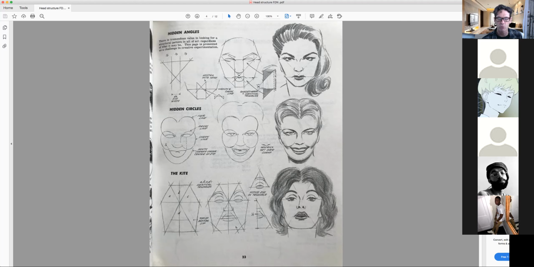There's various ways of thinking about this. The other way is at the bottom here, where you can see the cross being more at the top, like the top of the nose. I just want you to try and notice this when you look at faces or when you are thinking about drawing somebody. And this is also talking about hidden circles.